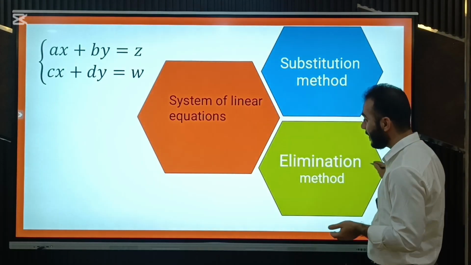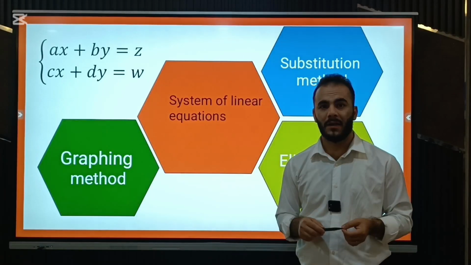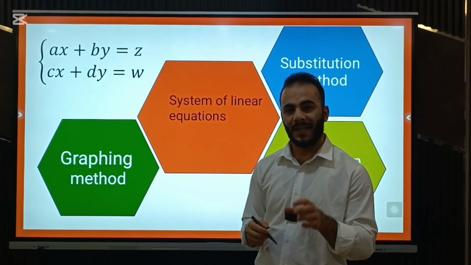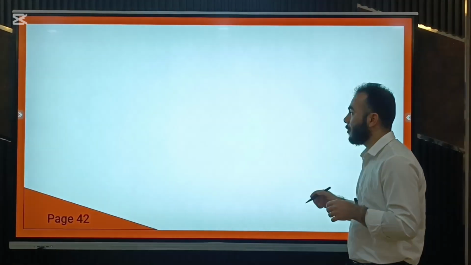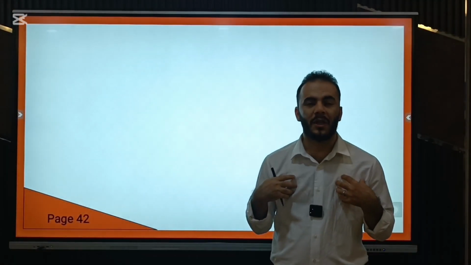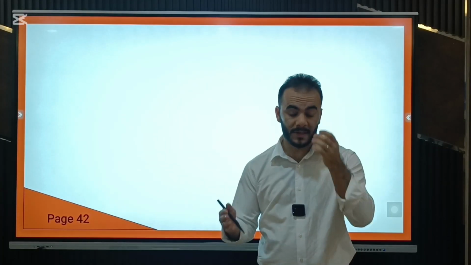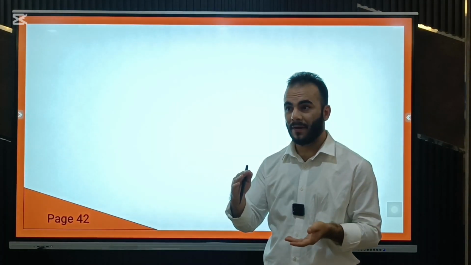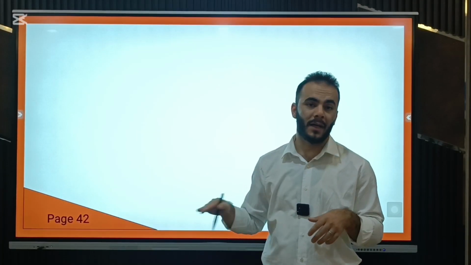And the last method is the graphing method, which we are going to deal with at the end of our lesson. You might ask me which one is more important. It depends on the question, it depends on the system. But I can order them personally like this: elimination, substitution, and graphing.